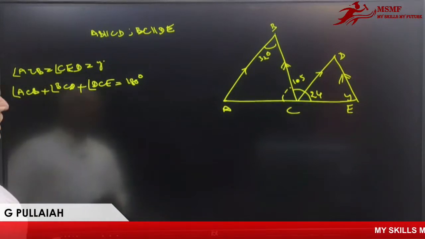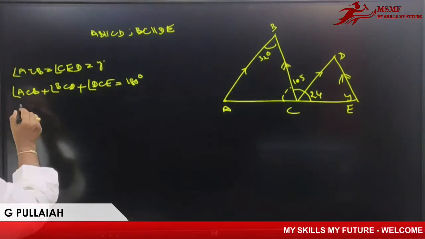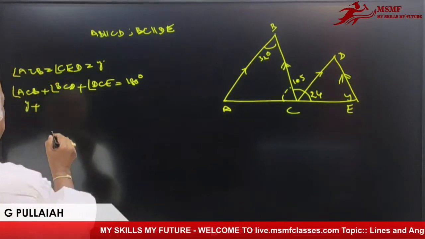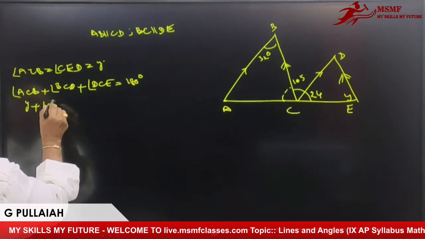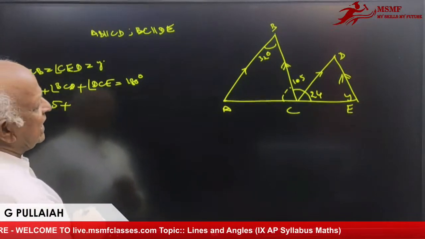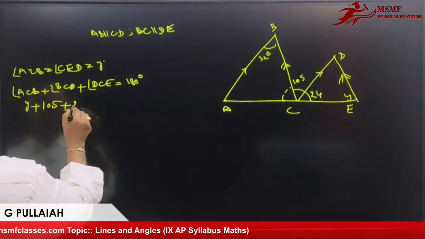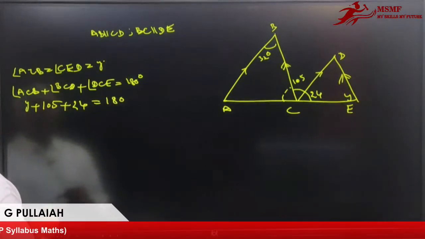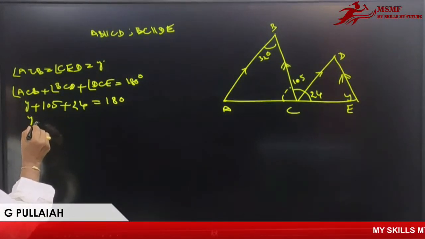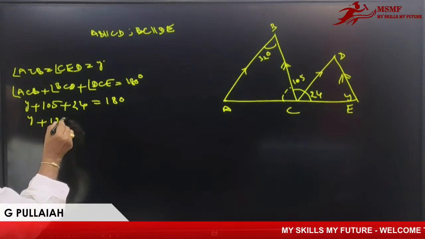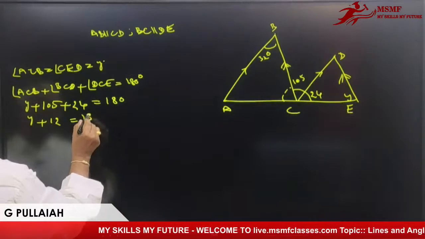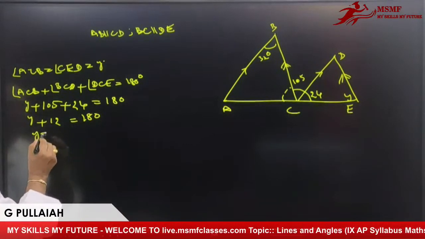So now here angle ACB is y plus angle BCD is 105 plus angle DCE is 24, that is equal to 180. So here y plus 129 is equal to 180.